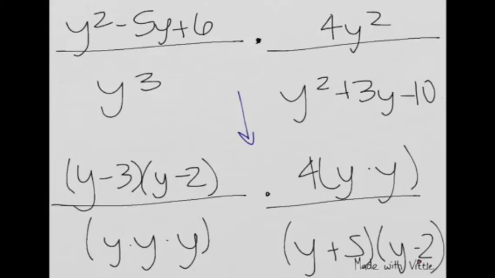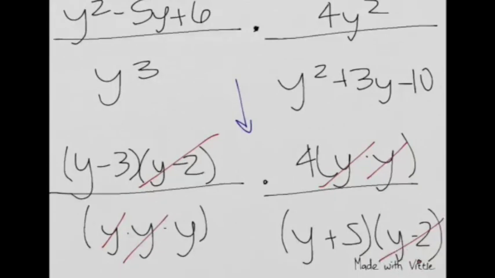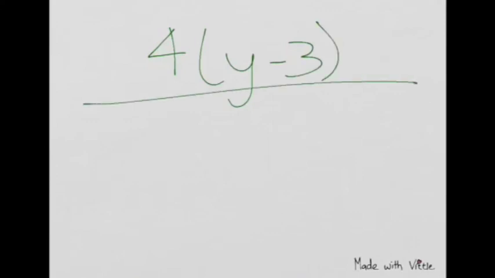Crossing out like terms, y minus 2 and y minus 2, 2 y's and 2 y's, and this is what we're left with. 4 times y minus 3 over y times y plus 5.